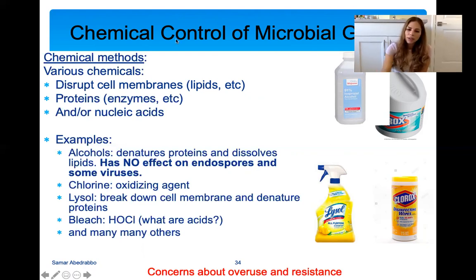And with all the chemicals we use, there's a concern of overuse and misuse. So right now, with everything going on with coronaviruses, we are way overusing these chemicals, and a lot of studies are coming out, and I think we're going to see more in the future after hopefully this year passes and coronavirus hopefully will pass. What I predict and what I've been reading is that we're seeing so many resistant bacteria come up because of the overuse of chemicals.